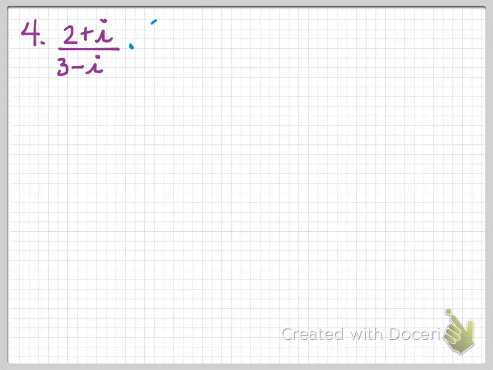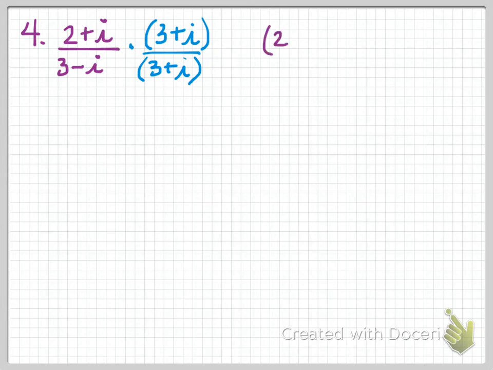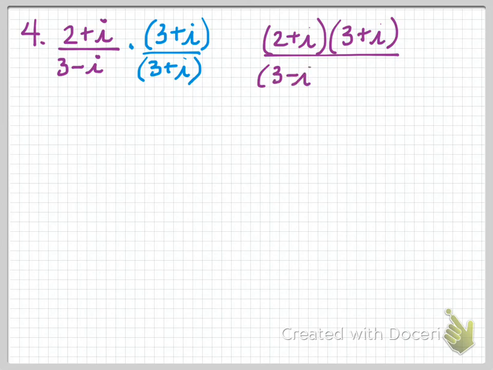So, we're going to multiply the top and the bottom by 3 plus i, because 3 plus i is the conjugate of 3 minus i. So when we multiply, we get 2 plus i times 3 plus i over 3 minus i times 3 plus i.